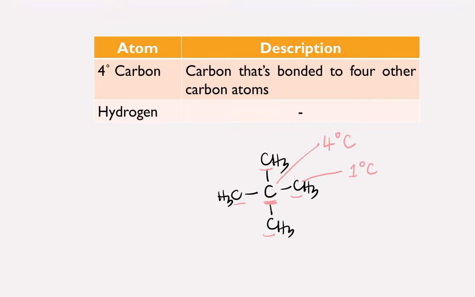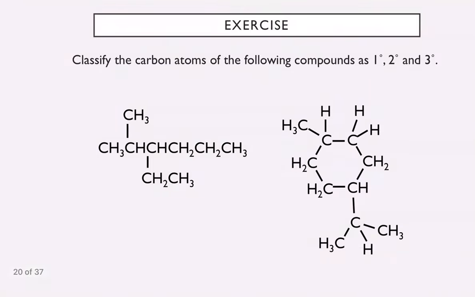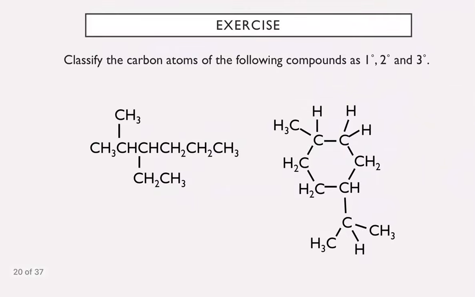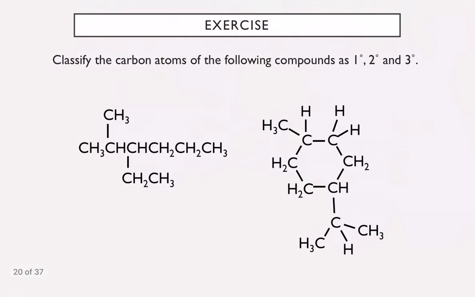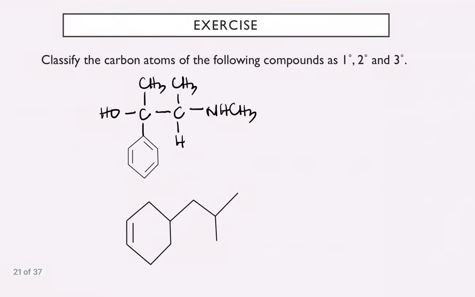Do you have any hydrogens attached to this carbon? No, right? How about this hydrogen? What is its class? Since this carbon is a primary carbon, these hydrogens are primary hydrogens. Okay, alright, so this seems complicated, but actually just take your time and try doing it yourself.